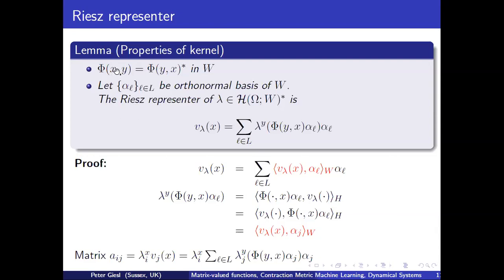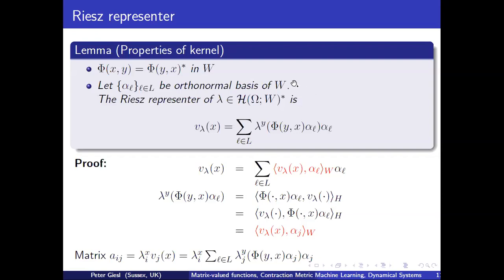Here, if we switch the order of x and y, we get the star in W. And if we want to look at the Riesz representative, we need an orthonormal basis of W. But remember, W is just, in our case, the space of symmetric matrices. So this is quite easy to find an orthonormal basis of, which we'll do a little bit later.